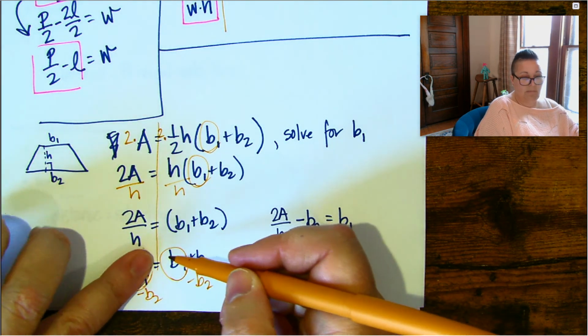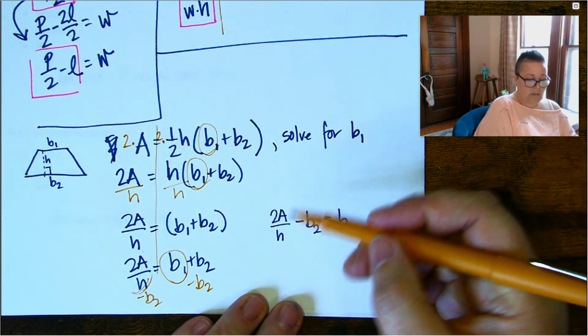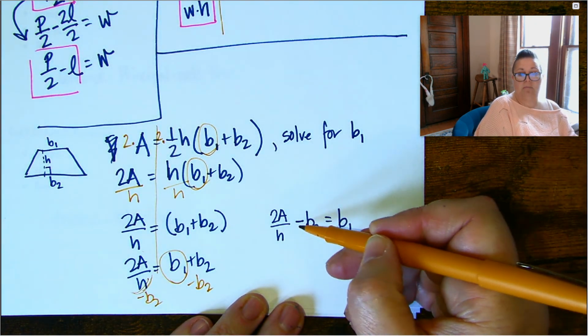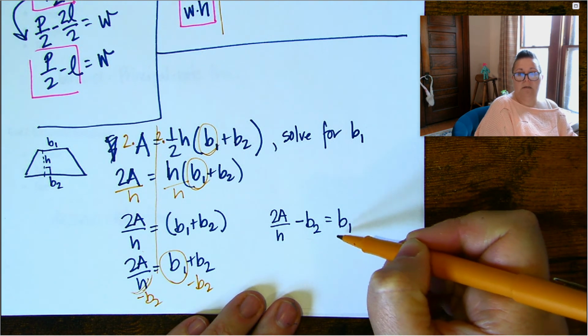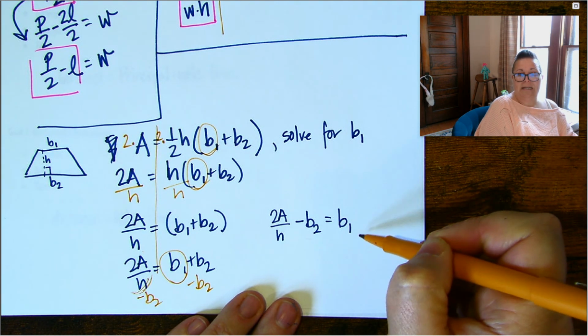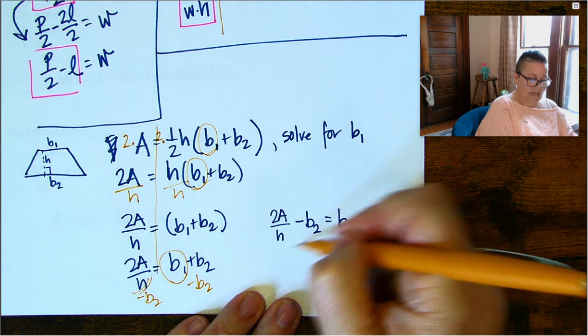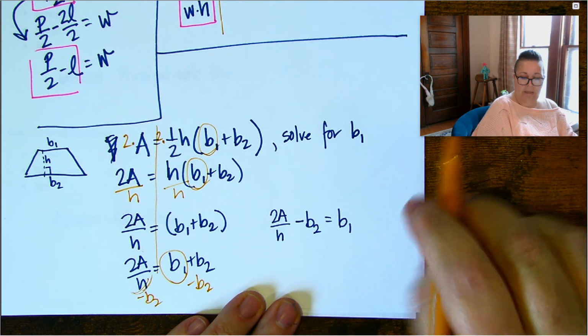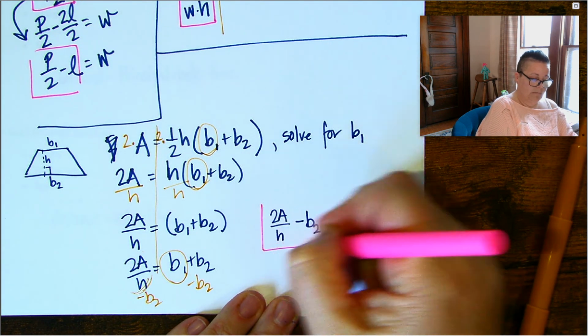This is one sort of messy thing. And from all of that, I'm going to subtract B2. So I have 2A over H minus this B2 thing. It's going to equal the B1. B1 is isolated. It is all alone on this side. Other side is a mess, but that's okay. I'm done.